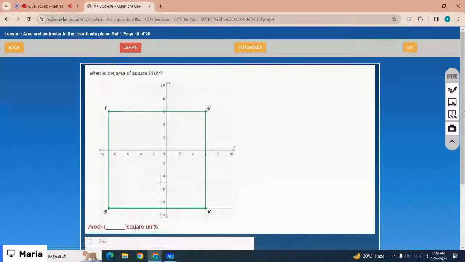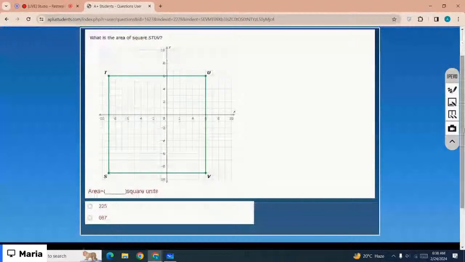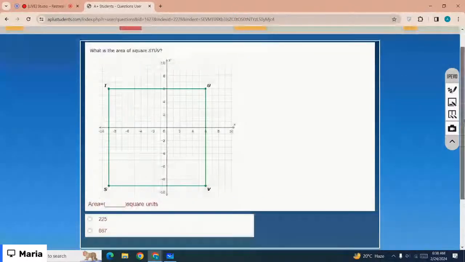What is the area of the square? Which is the correct option? Each side length of this square is 15. So this is area 225. Option number 1 is the correct option, right? That is 225.